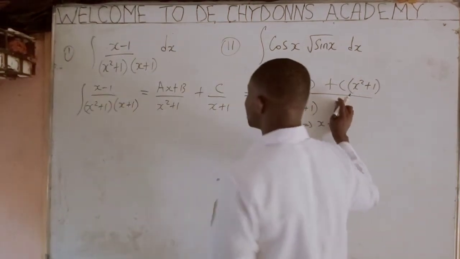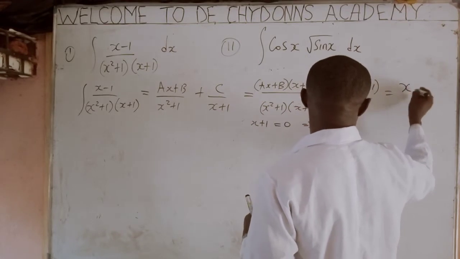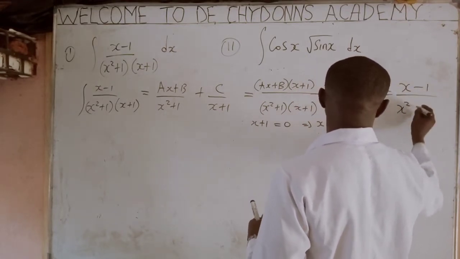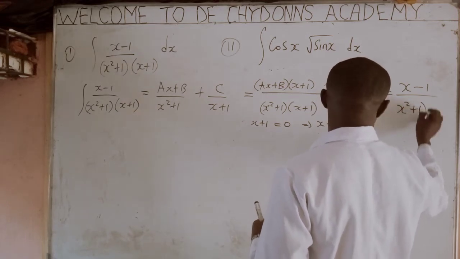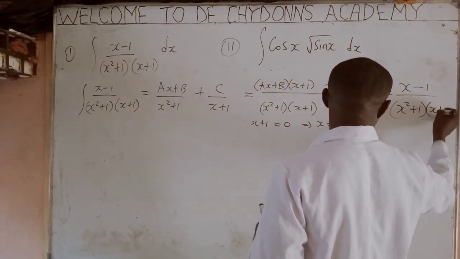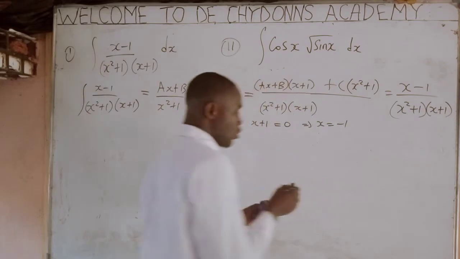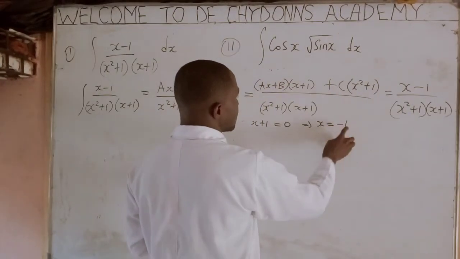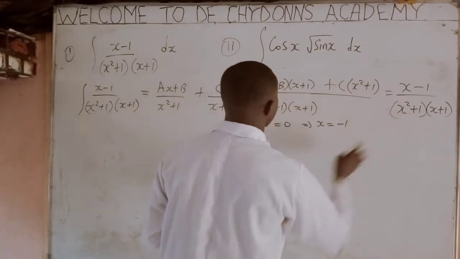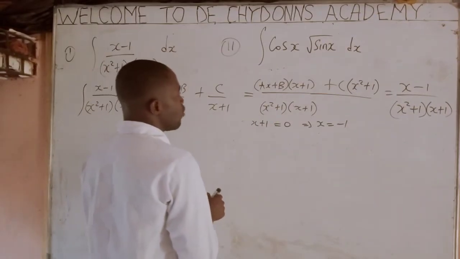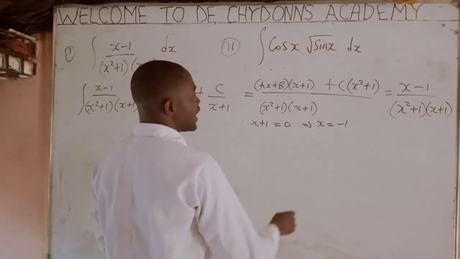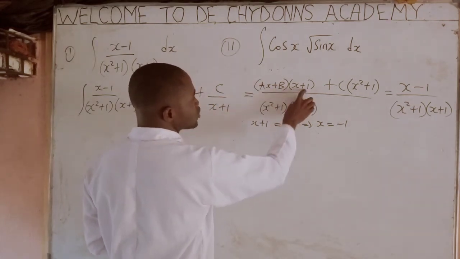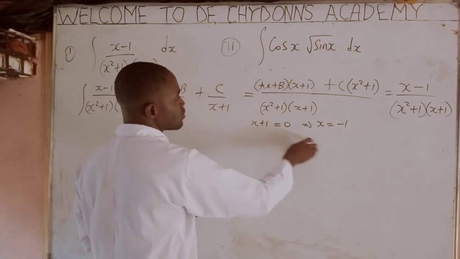You know that everything here means (x minus 1) all over (x squared plus 1)(x plus 1). So what you do is carry minus 1 and put it in here. Okay, what do we have? Minus 1 plus 1 is 0, and 0 times this is 0.